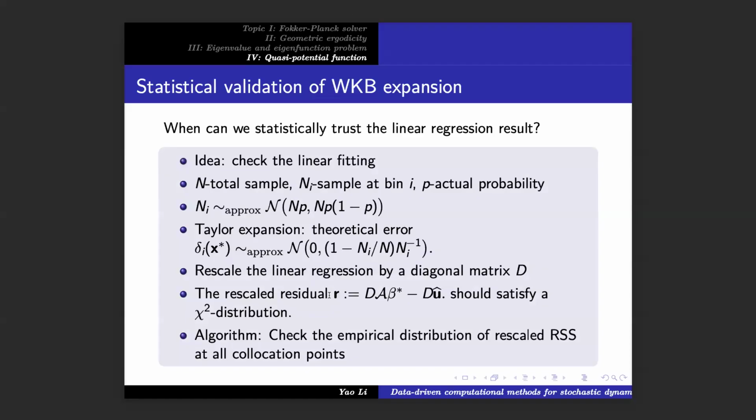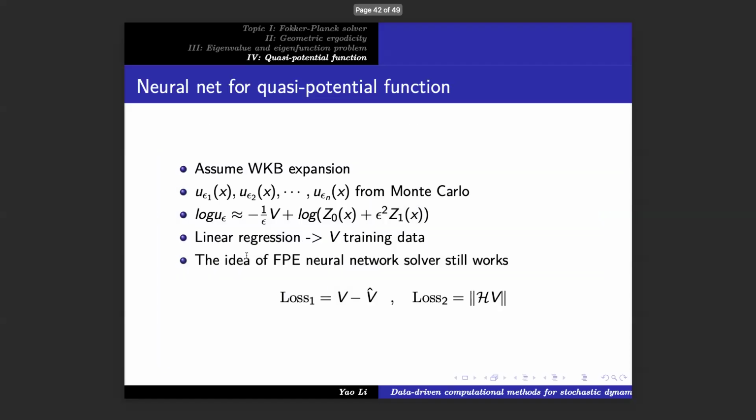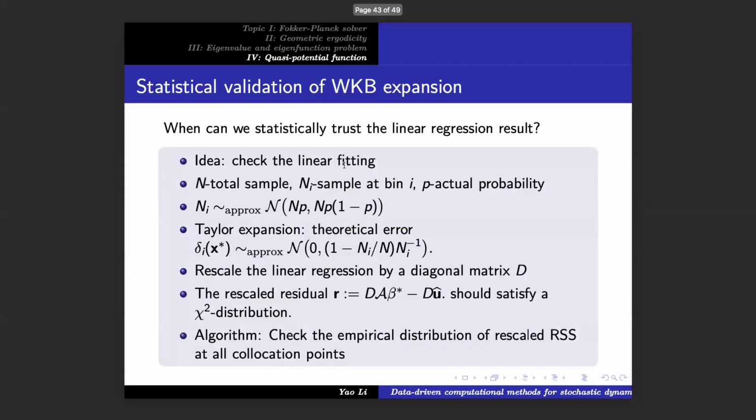But of course, here there is a big assumption: do we have this WKB expansion? Well, actually, this is a very difficult theoretical problem: what kind of random perturbation of ODE has this WKB expansion? The answer is that we know for sure that if there is a stable equilibrium, we have it.